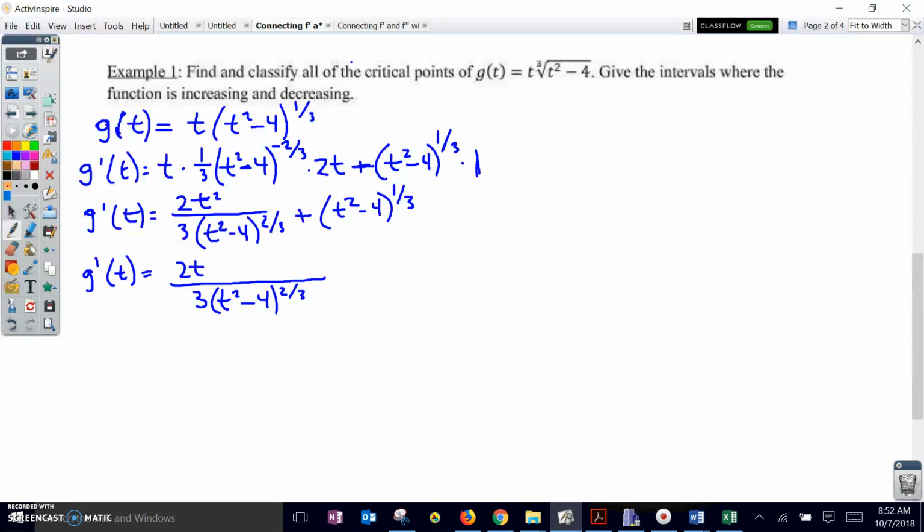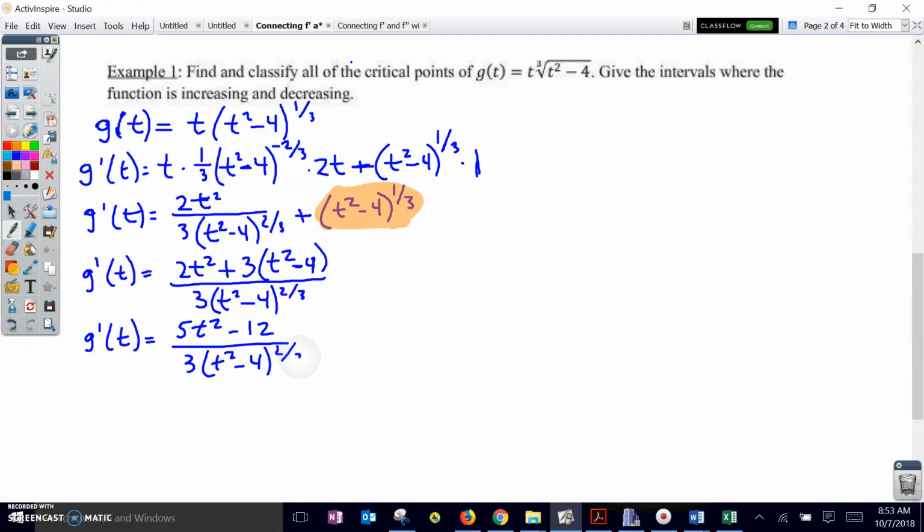And so I have 2t squared, and then multiplying this term by 3 times the quantity t squared minus 4 to the 2/3 gives us 3 times the quantity t squared minus 4 to the first. And then I'm going to combine my like terms in my numerator, and I end up with 5t squared minus 12 as my numerator.